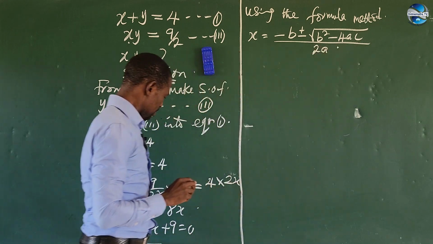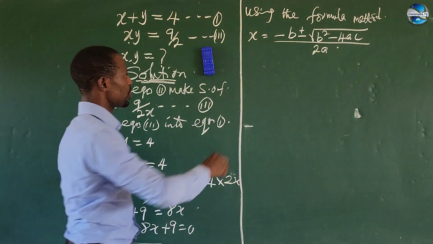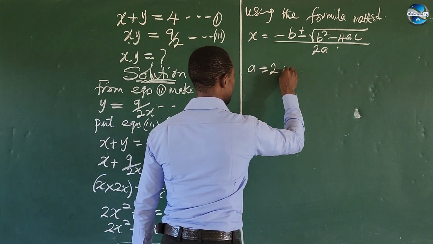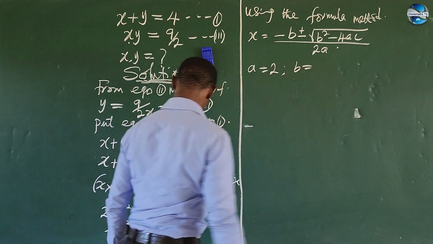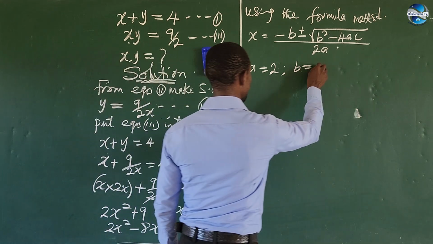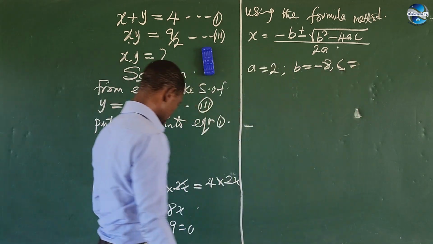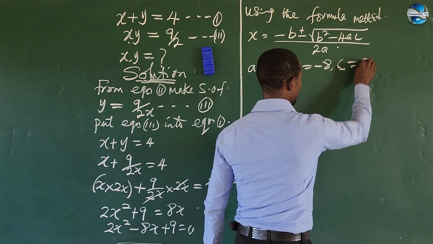So what is our a, b, and c according to this equation? We have a equal to 2, then b equal to the coefficient of x, which is minus 8, and c is equal to plus 9.